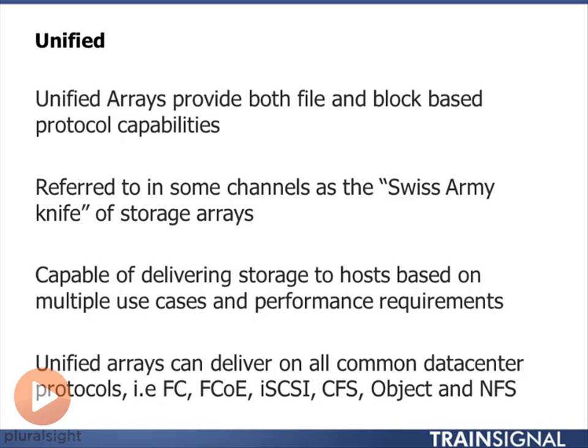You're purchasing one array, but it's providing multiple types of availability and performance, depending on your needs. Who wants to be pigeonholed to just a single protocol? I want the whole basket, the whole shebang, and that's what a unified system gives you. So it can deliver on Fibre Channel over Ethernet, iSCSI, CIFS, object, and NFS protocols.